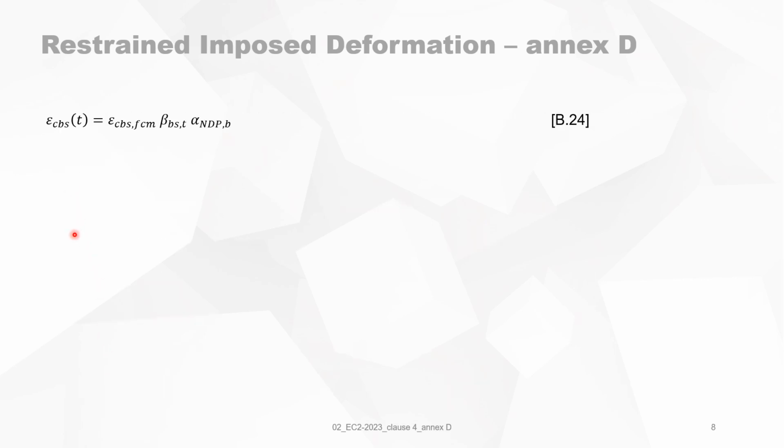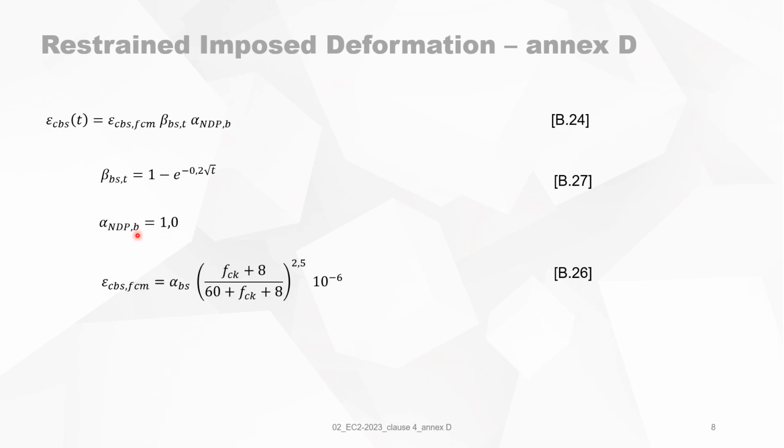Then we have the strains, epsilon CBS, given by this formula. The beta term is a function of time. The alpha is an NDP factor. The recommended value is 1.